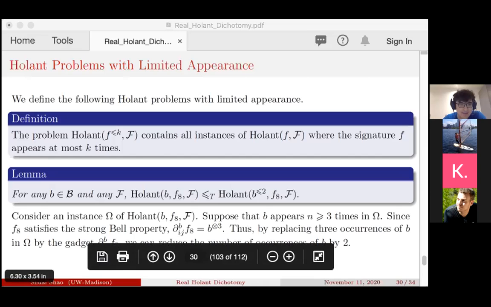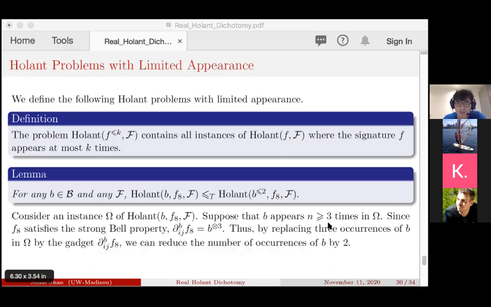Now we consider an instance of this problem where this Bell-binary signature B appears at least 3 times.